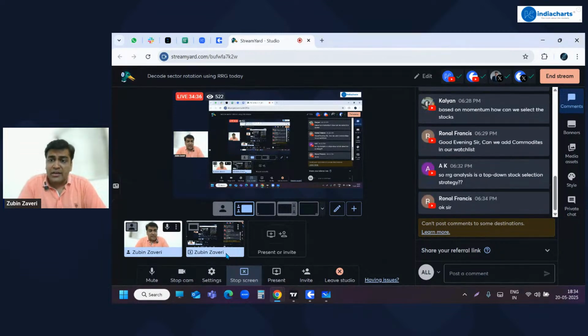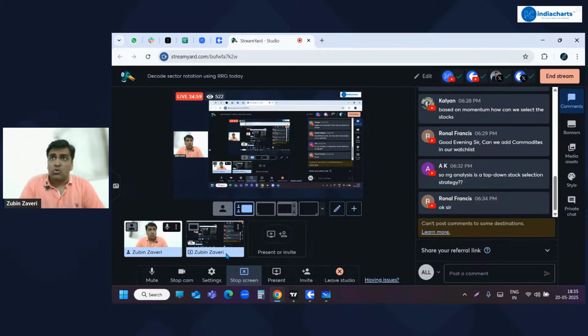Mr. AK, it can be a top down as well as a bottom up approach. So you can find out some stocks and then look at those stocks, whether they are performing or not against each other. Let's suppose you are interested in a particular stock, let's say Maruti.